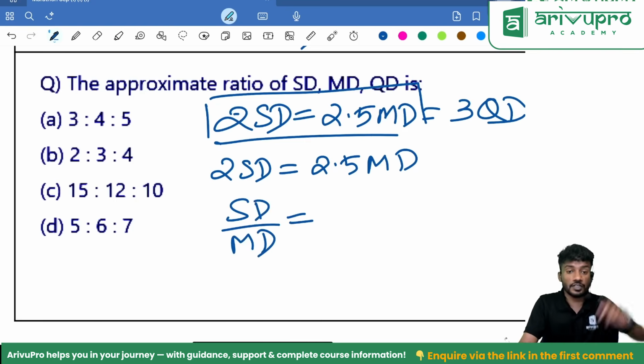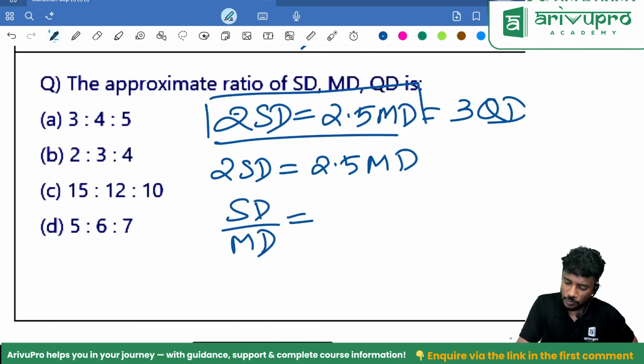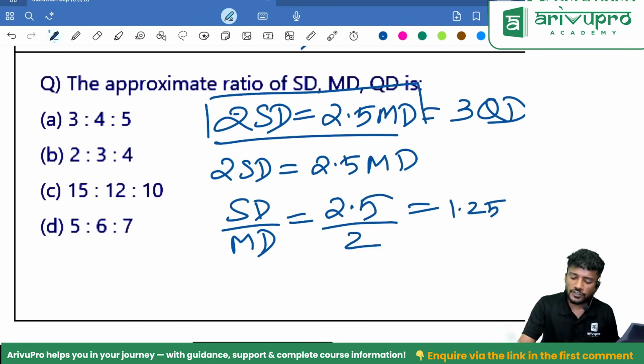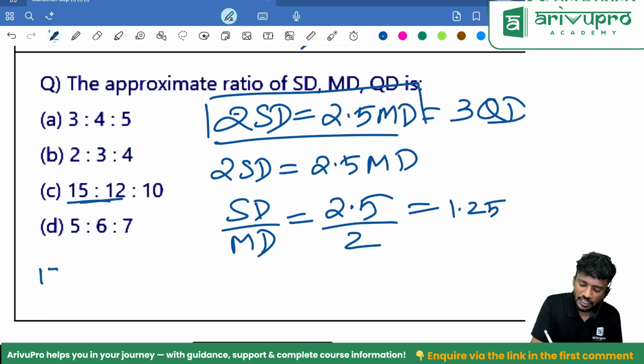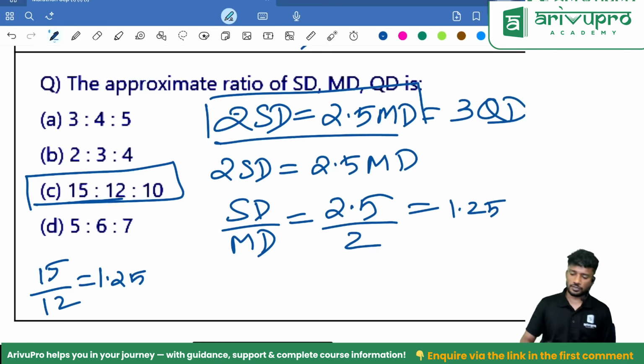We did it in the first class also. That is 2.5 divided by 2. How much is it? Take the calculator and find it. 1.25. Which option is giving 1.25? Option C. That means 15 divided by 12 is how much? 1.25. So option C is our answer.